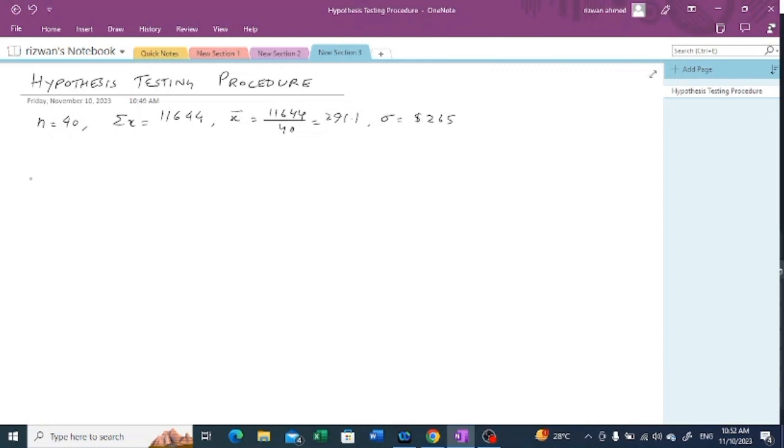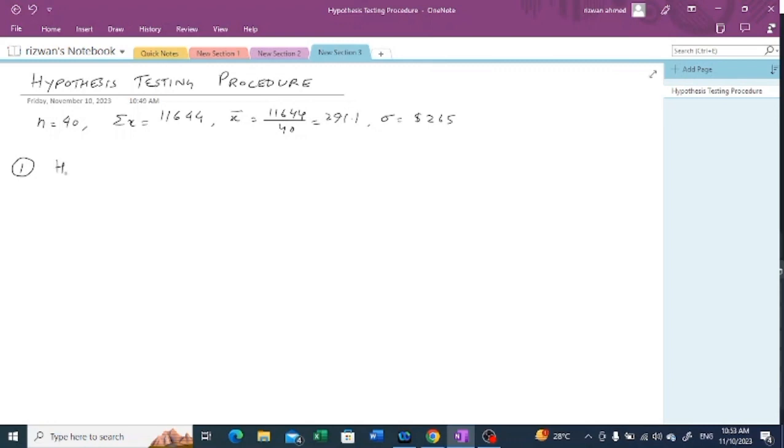Now what we need to do is follow all steps of the hypothesis testing procedure. There are 7 steps that we follow whenever we try to answer a hypothesis testing question. Step number 1 is the same as what we have done already in part A and part B of the previous exercises.